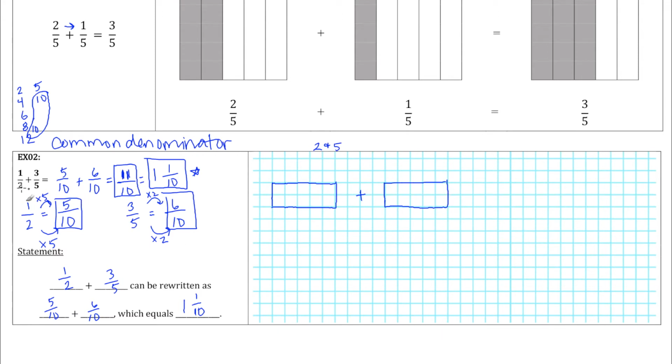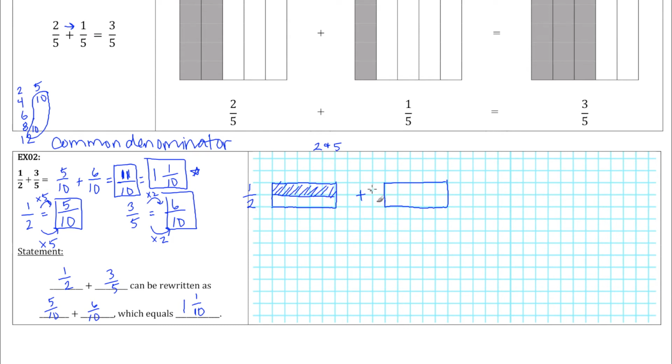In this first one, we are going to make half. So the easiest way is to split it horizontally, shading in 1 out of the 2 pieces.